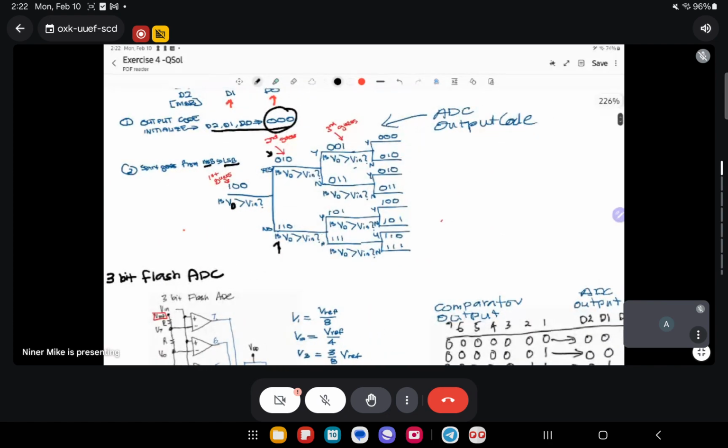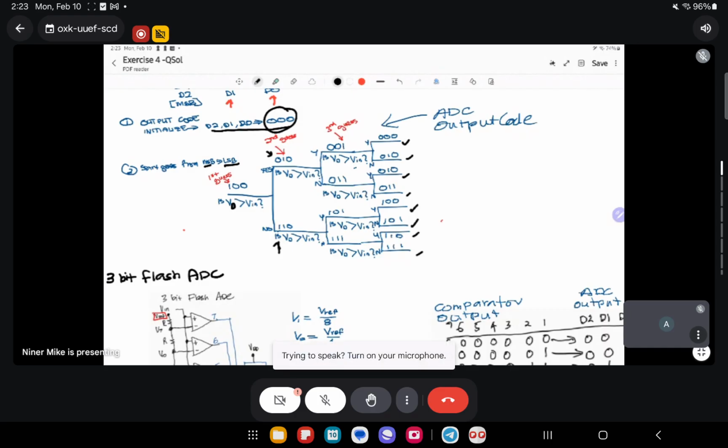So you compare also, but there is only one way to go. If the VD is greater than V in for the first, you look at the second bit, then compare this one. Same thing goes, and then it will result in one of these options. So there you go.